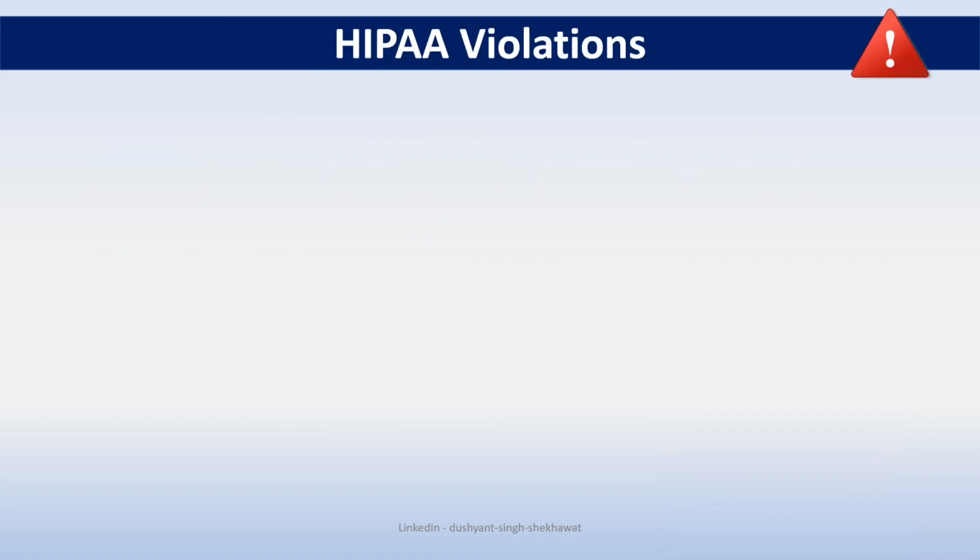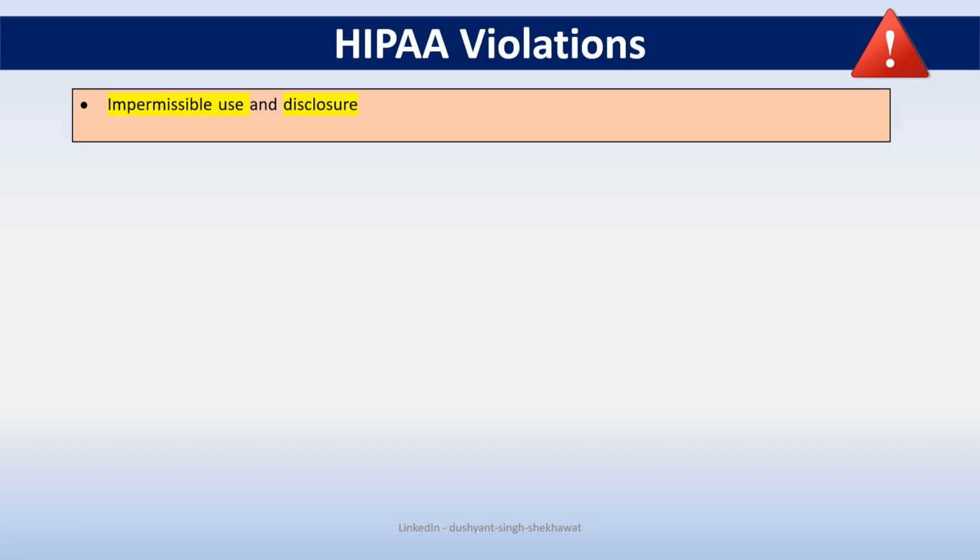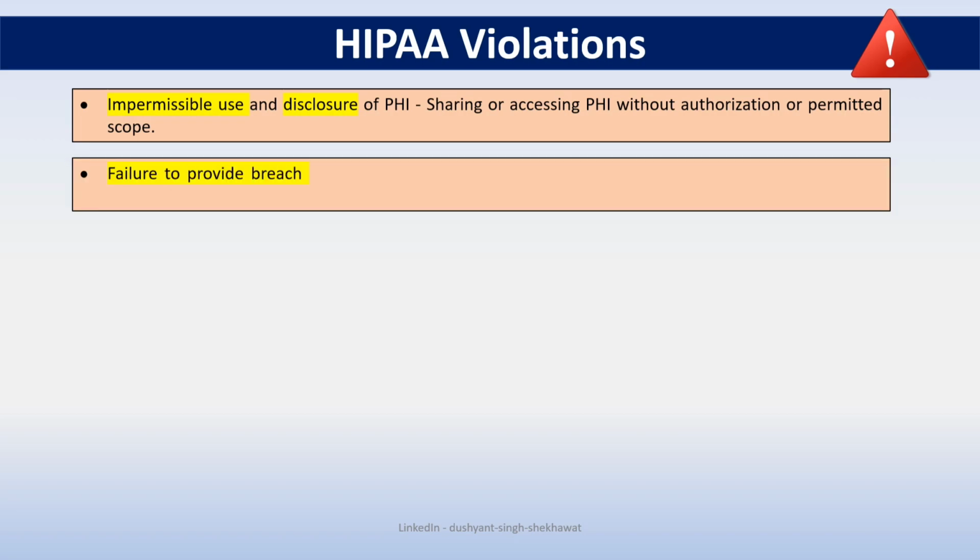Violations of HIPAA regulations can occur in various forms and may result in penalties or sanctions for covered entities and business associates. Violations include impermissible use and disclosure of PHI, like sharing or accessing PHI without authorization or beyond the permitted scope. Failure to provide breach notification to covered entities.